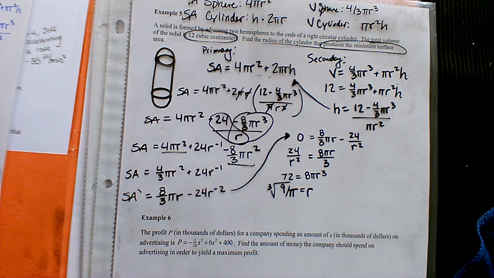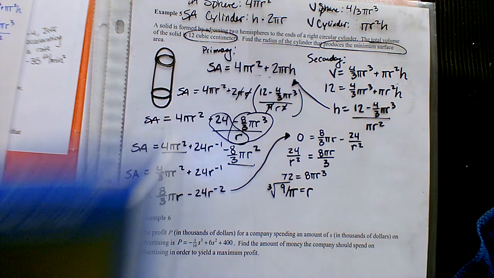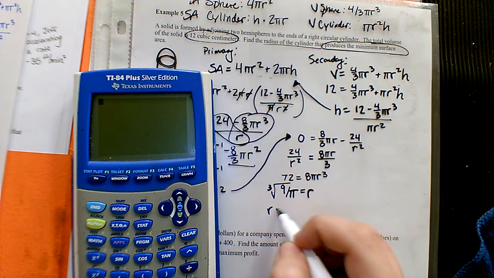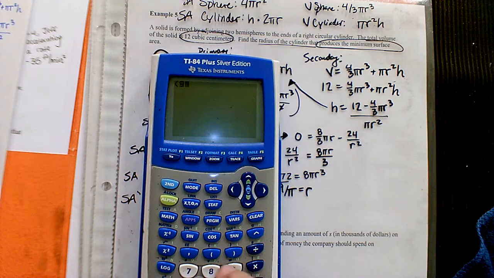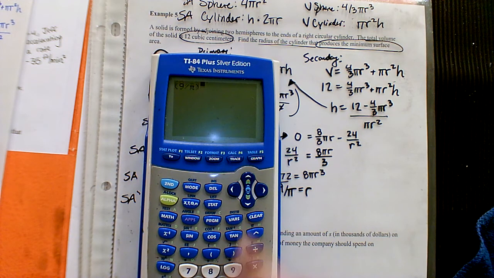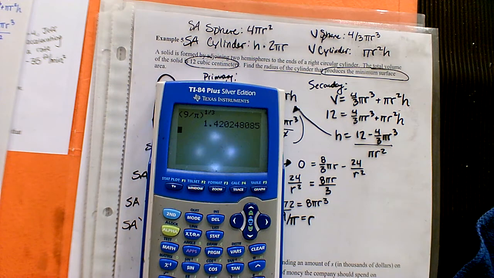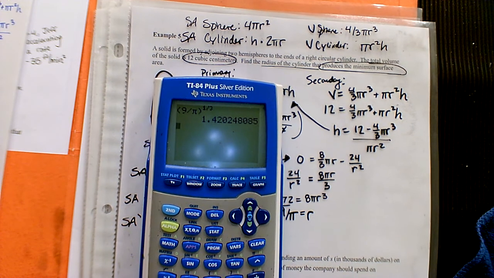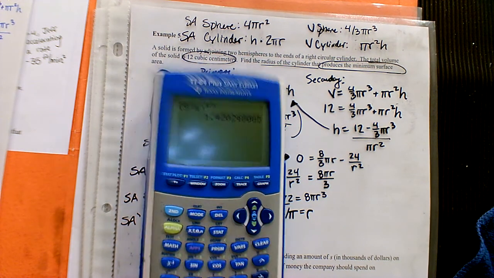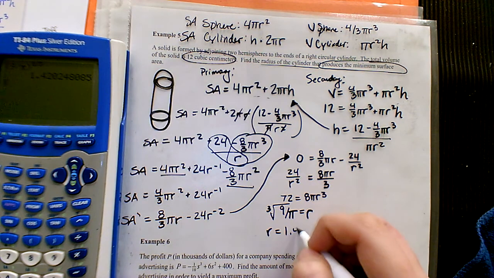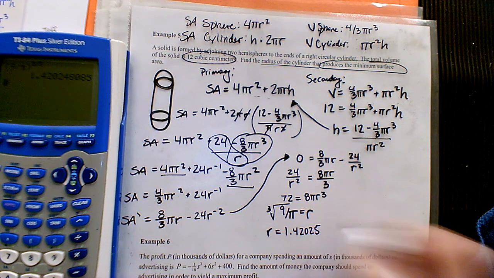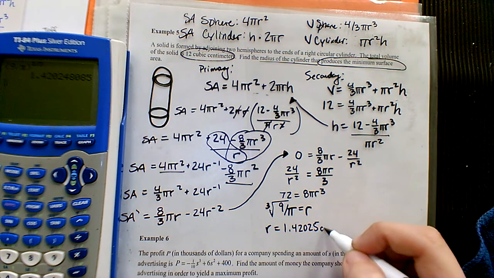All right, so there's actually our exact answer. We're going to turn this into a decimal just to help us out. So 9 divided by pi to the 1/3 power for the cube root. 1.42025. Units are centimeters.